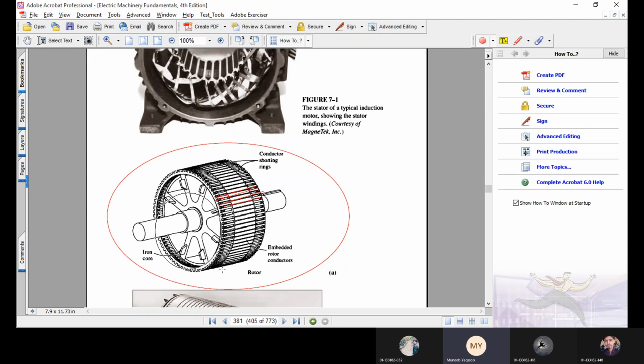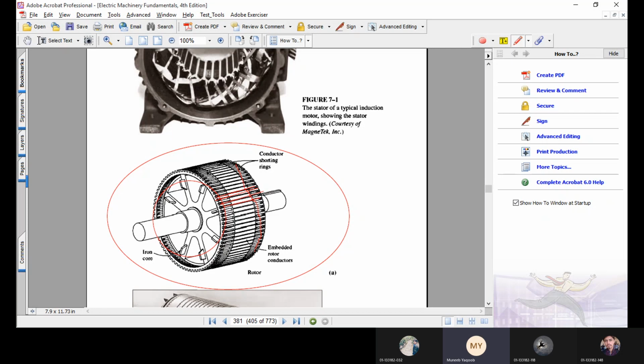This is the first short-circuiting ring, and on the other side, this is the second short-circuiting ring. So the series of conductors are inserted in some slots, and both ends of the conductors are short-circuited by two short-circuiting rings.